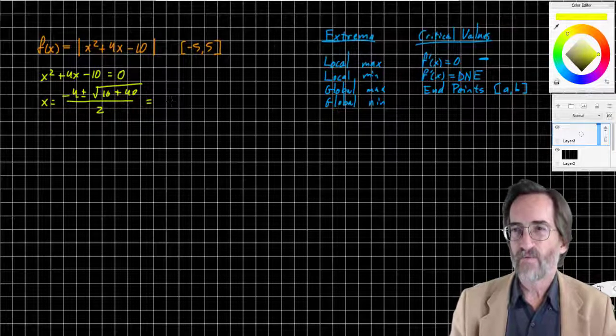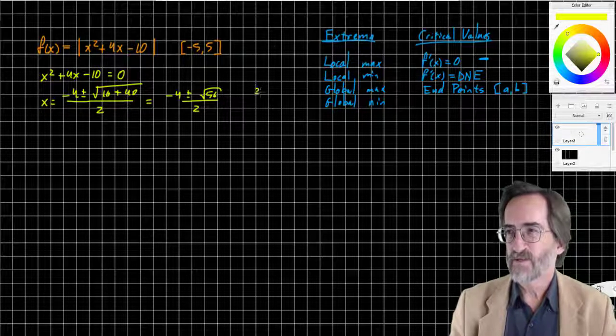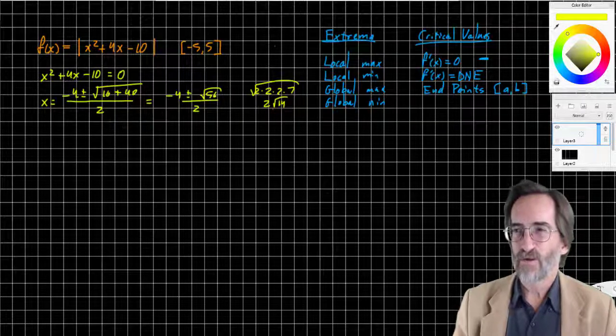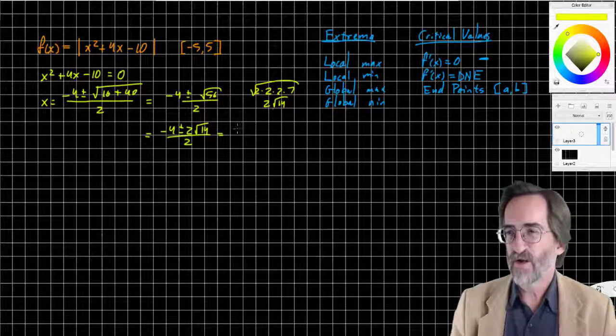So we get negative 4 plus or minus the square root of 56, over 2. 56 is 2 times 28, which is 2 times 14, which is 2 times 7. We could simplify that square root to 2 root 14. So that equals negative 4 plus or minus 2 root 14 over 2, and we can factor out and cancel 2. So we get negative 2 plus or minus root 14.